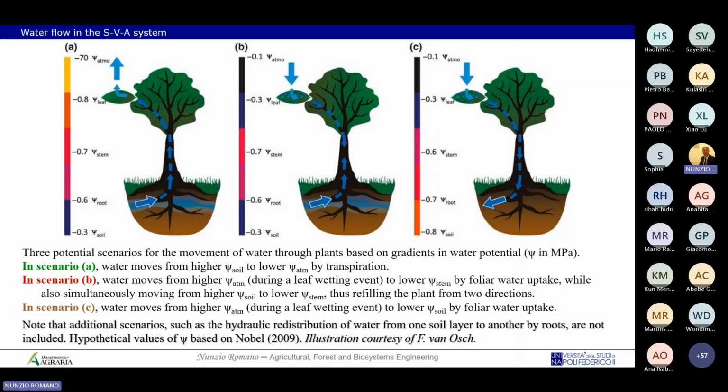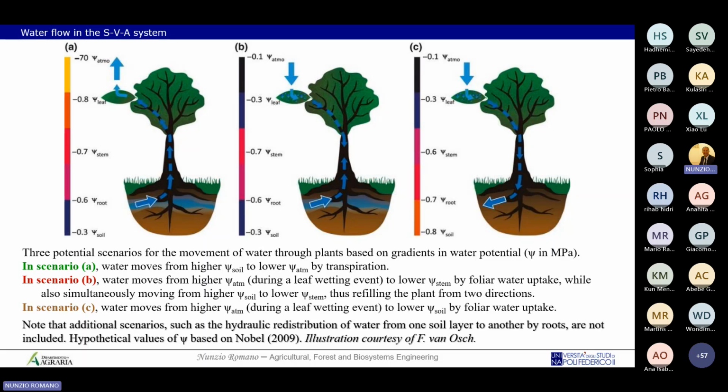Because everything is governed by the difference in total potential, in a very dry situation the uppermost part of the soil profile can be so dry that the water potential in the trees is higher than the total water potential in the soil. So the water can exit the roots.